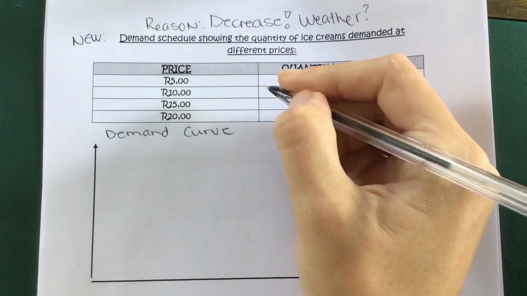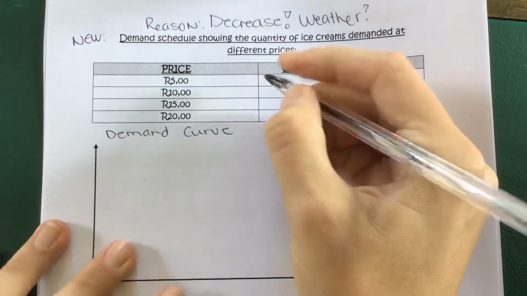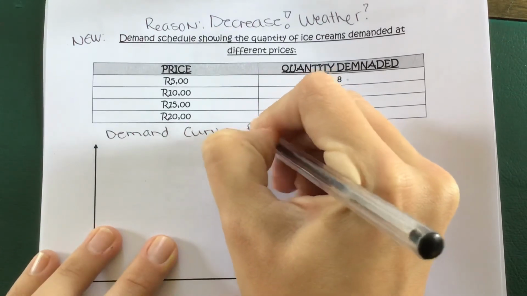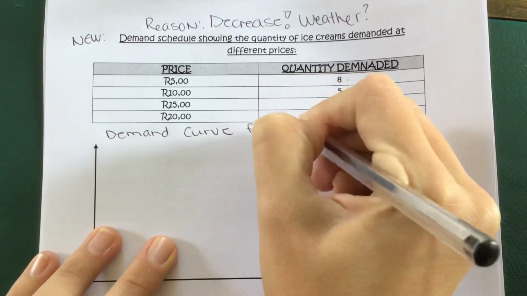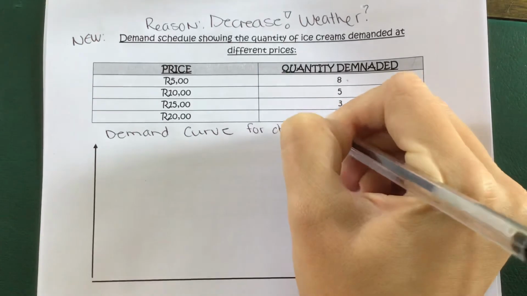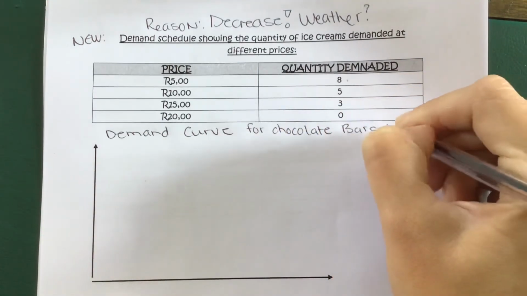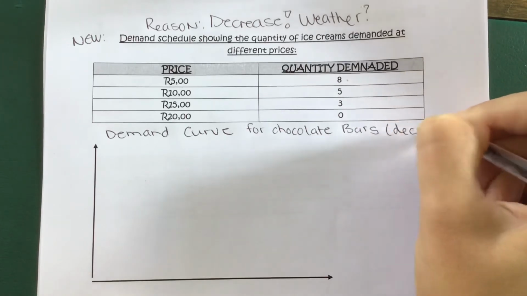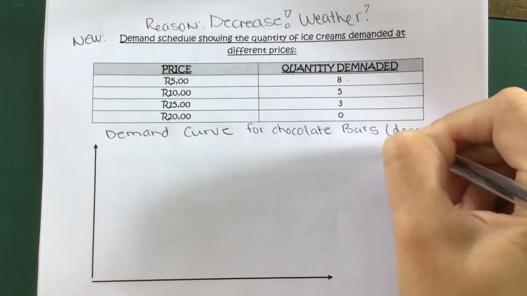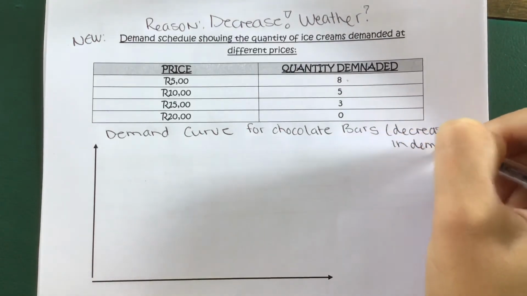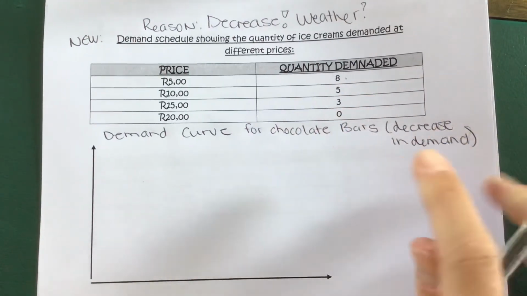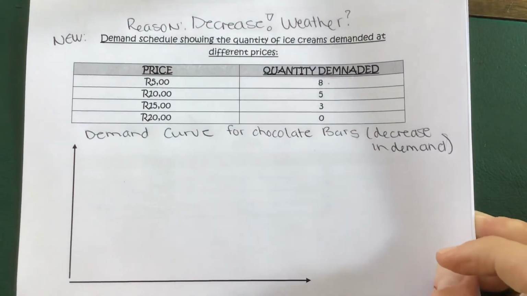Demand curve for chocolate bars, and we can put there decrease in demand. You can immediately see from the two demand schedules that there was a decrease.